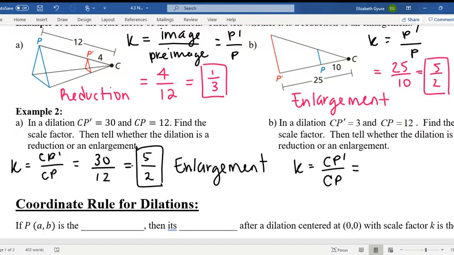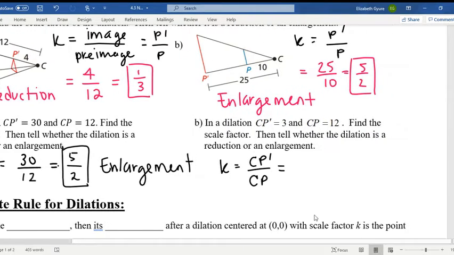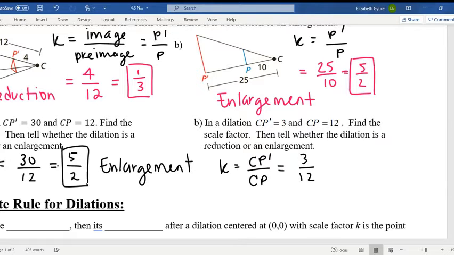All right. For B, Abby, what did you put for your fraction here? Yep, good. You would put 3 over 12. Were you able to reduce that? No? What could maybe go into 3 and 12? 3, yeah. So it should reduce down to 1/4.